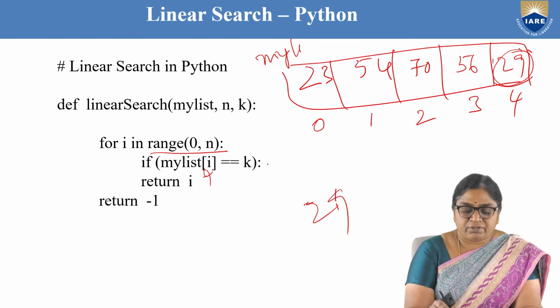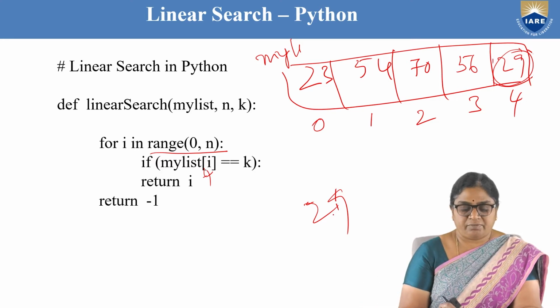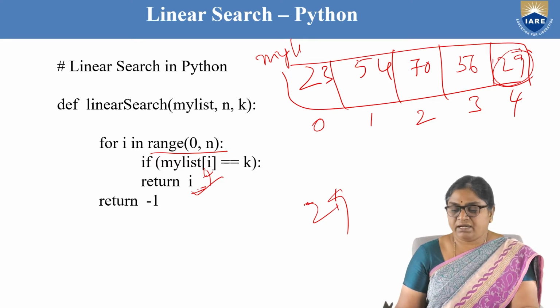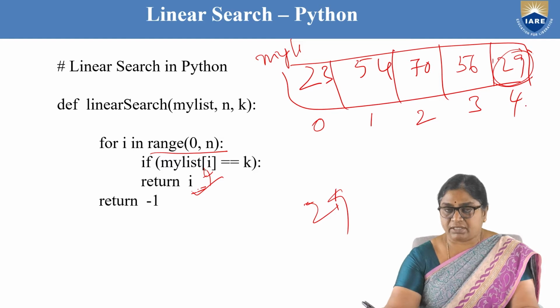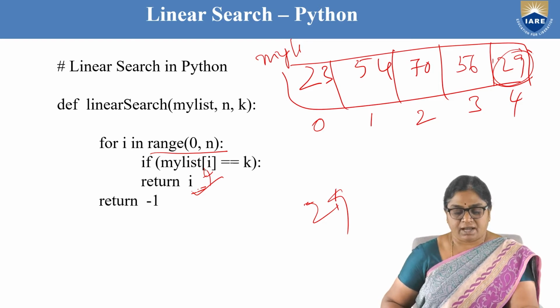So when the current element is equivalent to the key element, we are returning i. What is i here? It is 4. It is the index of the current element which matches the key element. Here we are returning i.